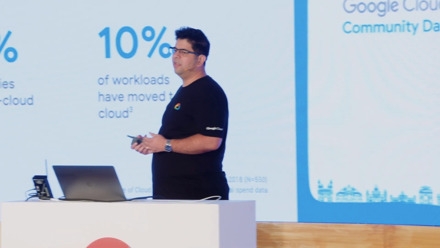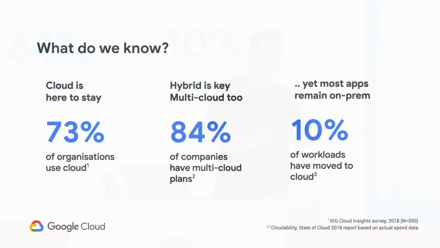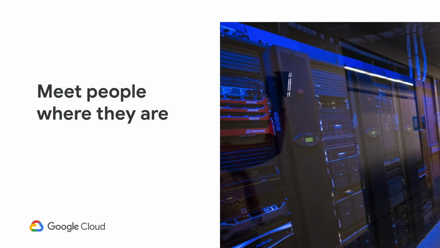Additionally, customers are telling us that they don't want to tie themselves to a single cloud vendor. They want to be able to support multi-cloud. So hybrid cloud is where we've got something on-premise and in the cloud. Multi-cloud is when we're supporting multiple cloud vendors. So our customers are telling us this. Now, we saw that only 10% of workloads have actually moved to the cloud, and out of that 10%, some of them actually didn't succeed in moving to the cloud.